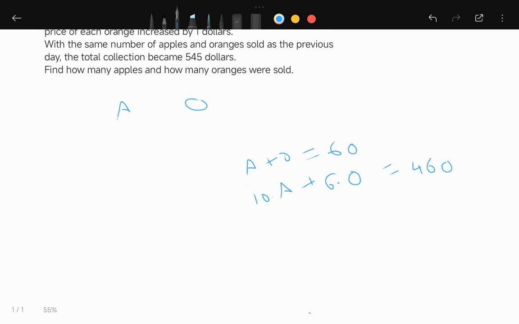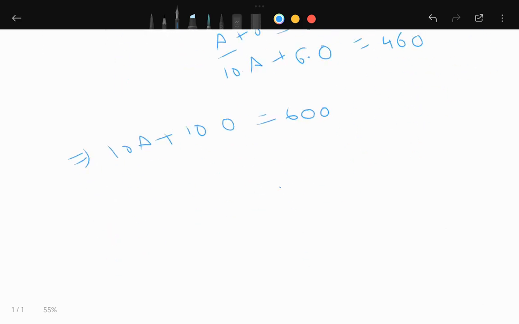To eliminate A, let us multiply the first equation by 10. It becomes 10A plus 10O equals 600. The second is 10A plus 6O equals 460.